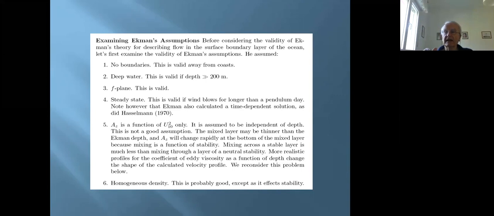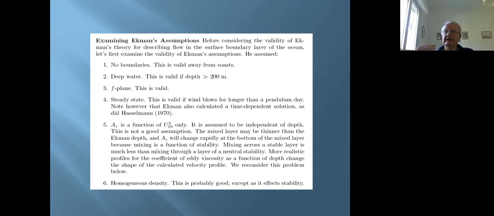The fourth assumption is a steady state. As I told you before, the steady state is valid if the wind blows for longer than a pendulum day. Pendulum day is the inertial period, which is on the order of 1 day, or 17 hours, and so forth.